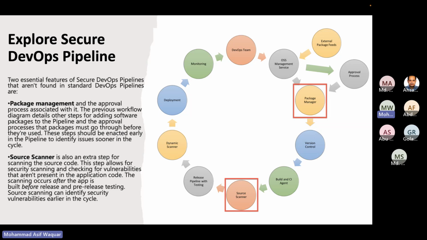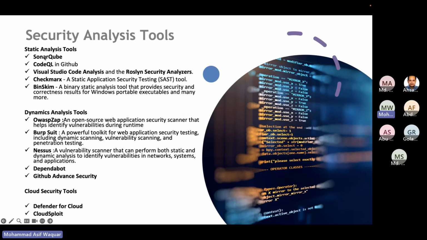Source scanning tools are basically like SonarQube and CodeQL. These are the static analysis tools available for source scanning, like SonarQube, CodeQL, and Visual Studio also has Visual Studio code analysis, Roslyn security analysis, and Semgrep. These are some static analysis tools.